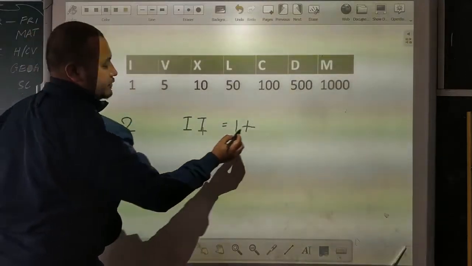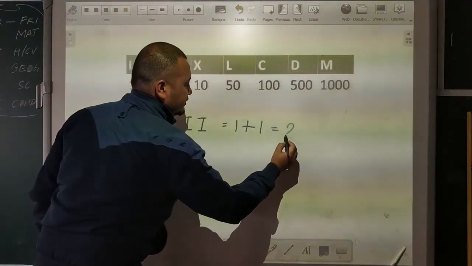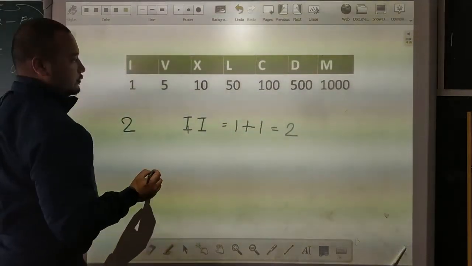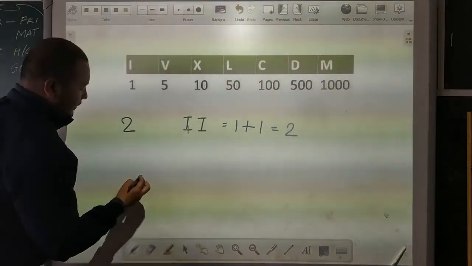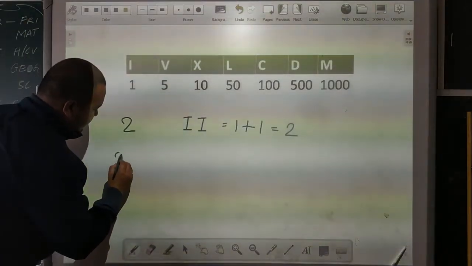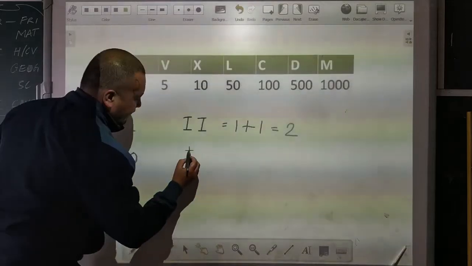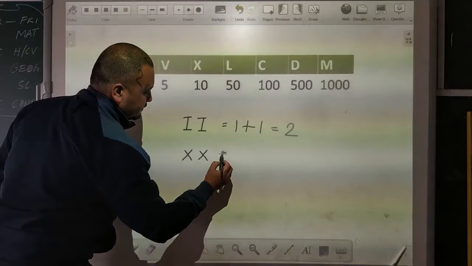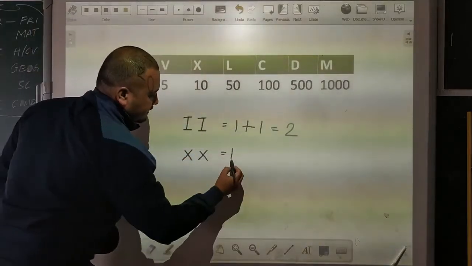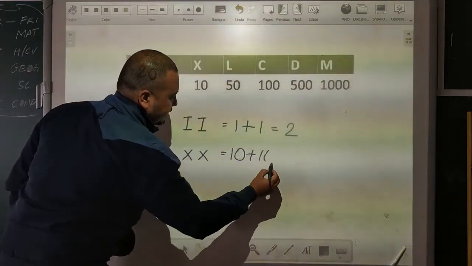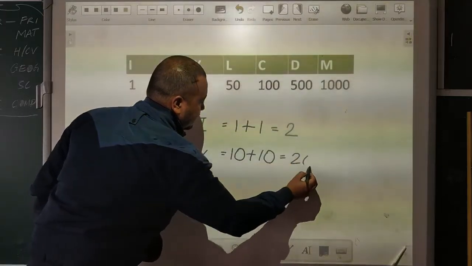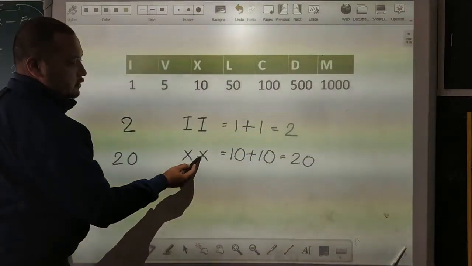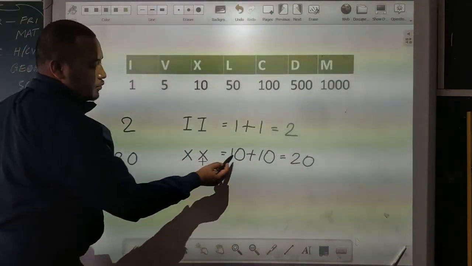Plus, again I, so the value is 1. So that means II is equal to 2. In the same way, if I were to write 20, I can write X, again X. X means 10, so 10 plus 10 is equal to 20. So XX means 20. If the same symbol is repeated, then we add them.